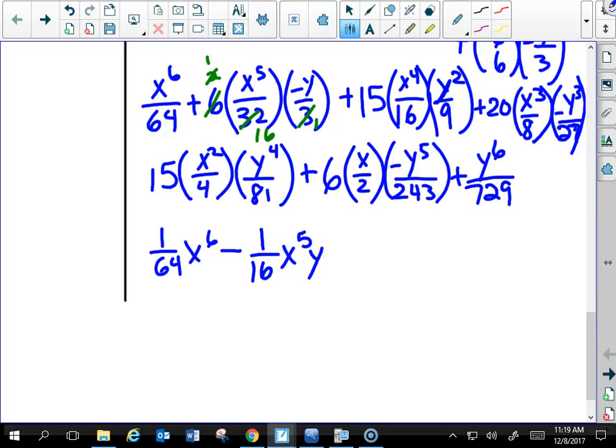Now, because I have a negative in b, my signs of my terms are going to alternate from positive to negative. I'm just noting that because I really don't want to mess around with it too much. Again, some reducing here. Sorry, that's a 5. And it looks like I'll get plus 5, 3 times 16 is 48, x to the 4th, y squared.